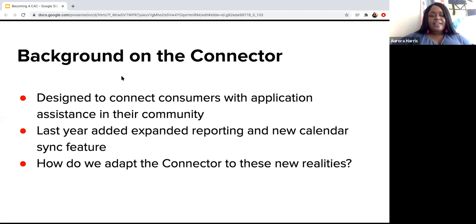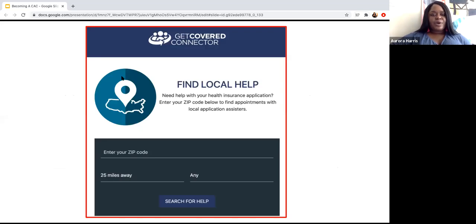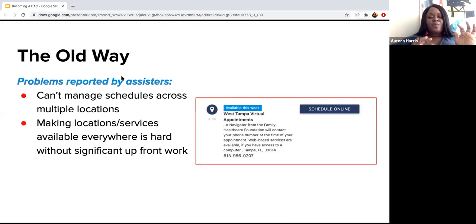So last year, we did a couple of upgrades to the connector, and we figured out how to adapt the connector to our new COVID-19 reality. Now when you enter your zip code and search for help, normally it would help you find people that were 25 miles away or less. Now, if you offer a virtual appointment, your organization that you're connected with will pop up no matter what.